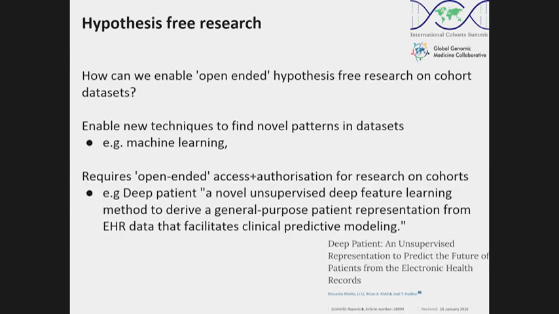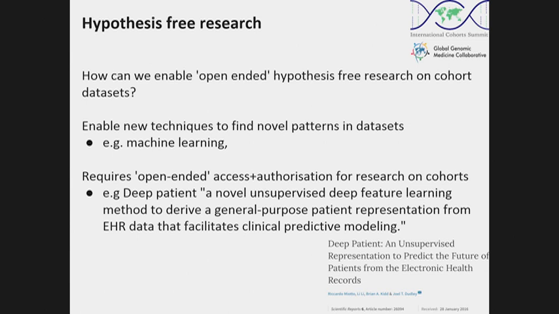Okay, and then this point came up yesterday about when a researcher applies for access to a data set, they have to specify exactly what research they're going to do on this data set, and sometimes that's not always possible. We really want to enable hypothesis-free, open-ended research across cohort data sets to discover new patterns and make novel findings from some of these cohorts.